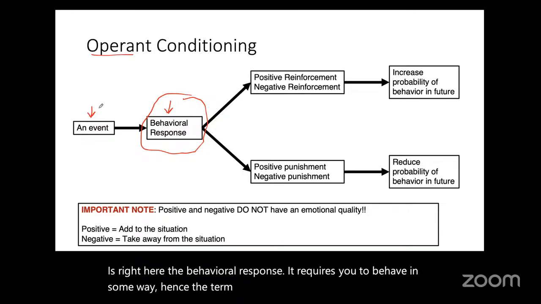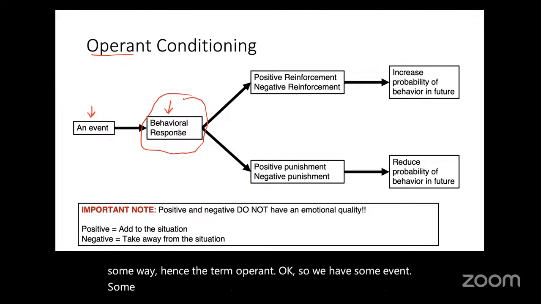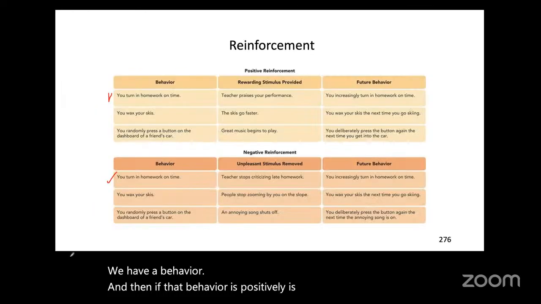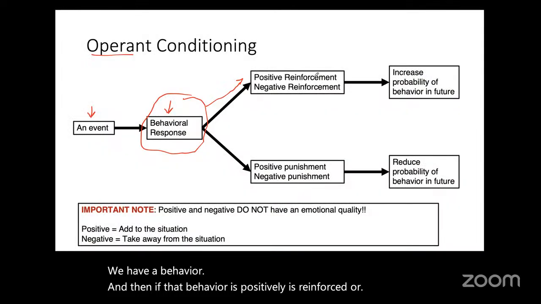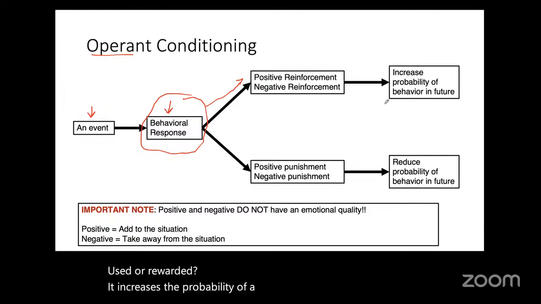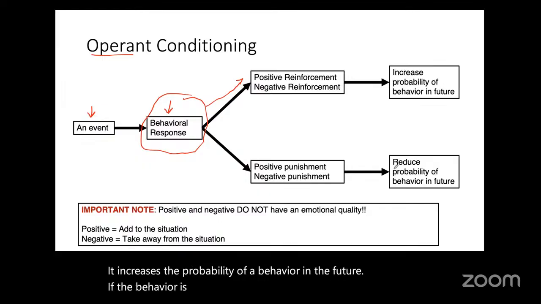Okay, so we have some event, some stimulus, we have a behavior, and then if that behavior is positively reinforced, or to use the more used term, rewarded, it increases the probability of the behavior in the future. If the behavior is punished, it theoretically reduces the probability of behavior in the future.